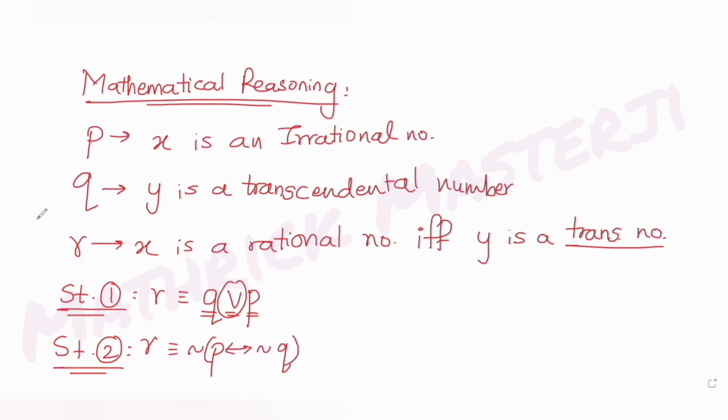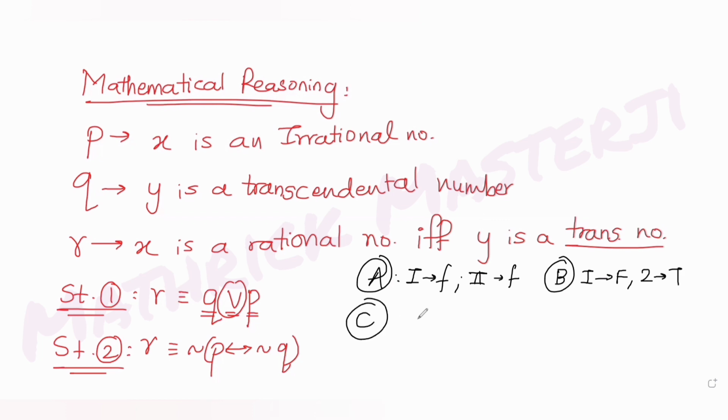And the answer choices tell us the first answer choice: one is false and second is also false. Second, it tells us statement one is false but two is true. Third option, it tells us one is true, two is also true, and two is a correct explanation for statement one.